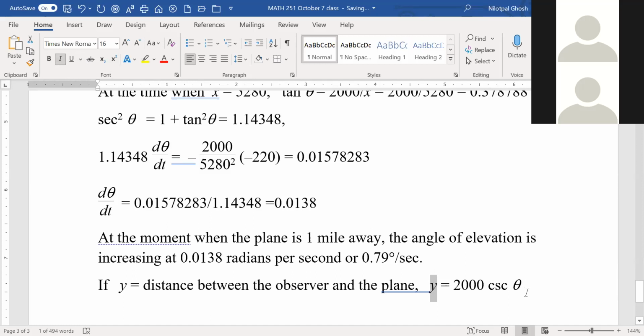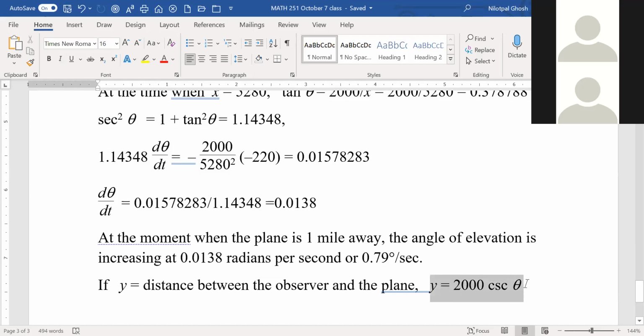Yeah, I thought it would be sec theta, so it didn't work very well. I can either do it this way or the other way, y square equals x square plus 2000 square. I can also do it that way. So either I can get it in terms of theta or in terms of x, whichever is easier.